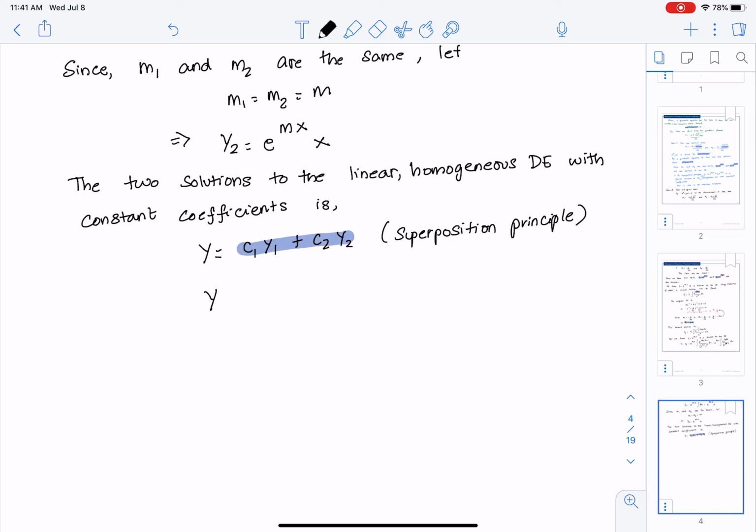So the solution here would be c1 e raised mx plus c2 x times e raised mx. So that will be the general solution for the case where the two roots are equal and they are real. And this is what we call the repeated root case.